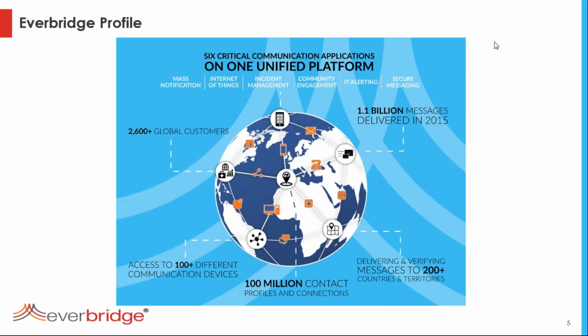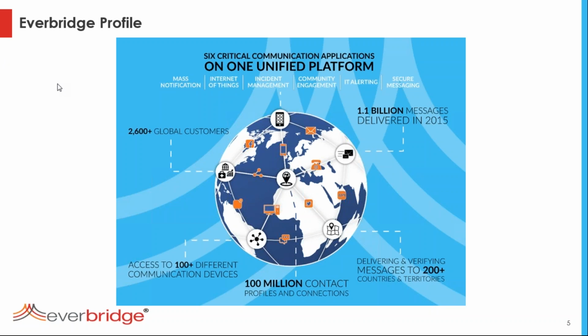So let me just start off with a little bit of background about Everbridge, as I know many of you probably have some good experience with our organization. Everbridge really started off with the understanding after 9/11 of how we could help all those first responders communicate on one platform at one time and really impact the outcome of major incidents like that.